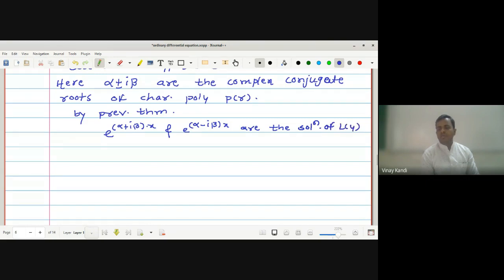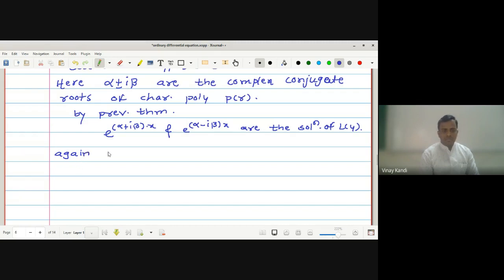Any doubt up to here? No, sir. e raised to r1 x and e raised to r2 x are the solutions of L of y. Now putting r is equal to alpha plus i beta and alpha minus i beta. Again, we know one more theorem, the linear combination of solutions is again a solution.